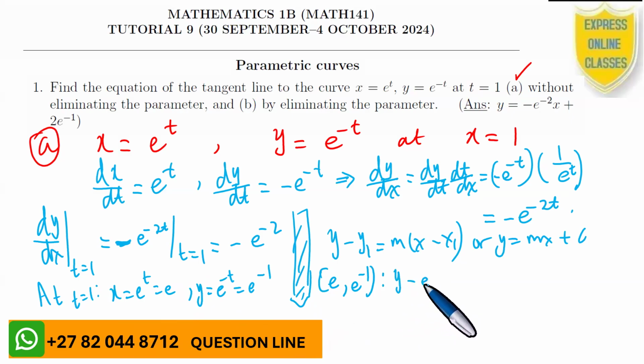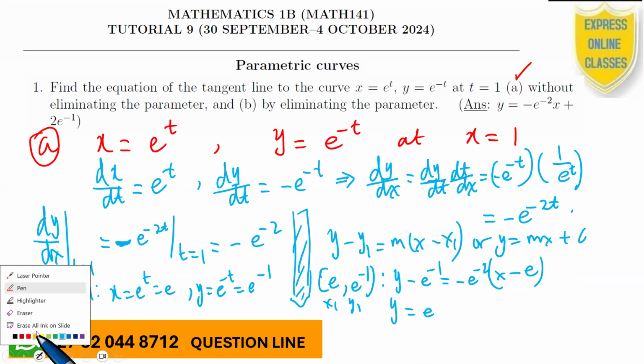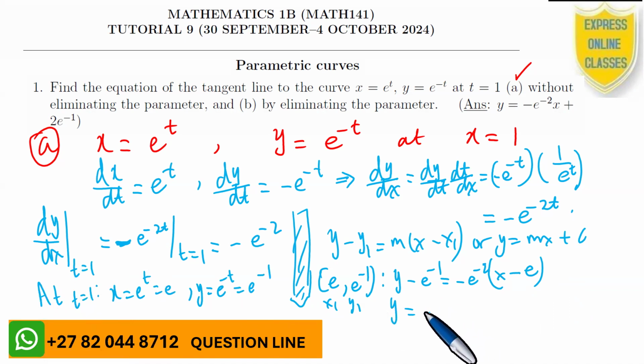So with y minus e to the minus 1, the slope is this, but you need to evaluate the slope at t equals 1, which is minus e to the minus 2, times x minus x1, where x1 is e. This is minus e to the minus 2 x, and then if you multiply out, it's going to be plus e to the minus 1.